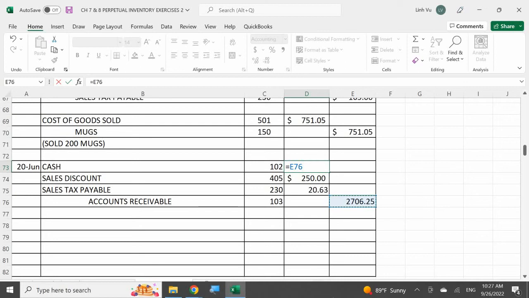They owe me right now $2,706, but they get to discount $250 plus the sales tax of $20.63.